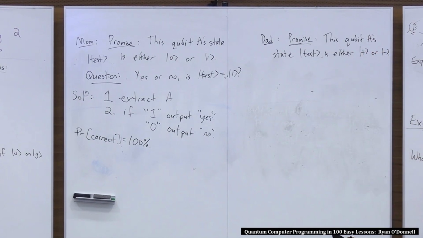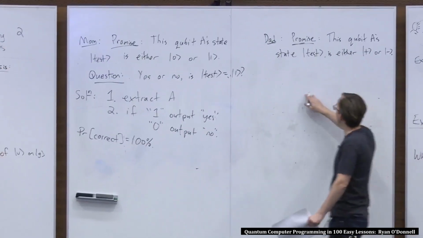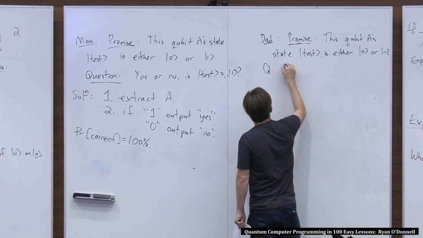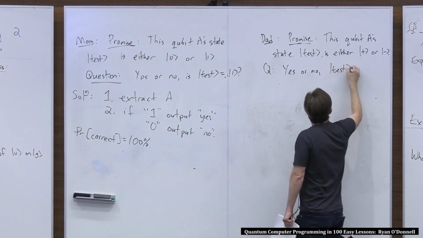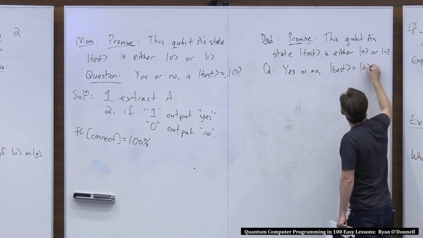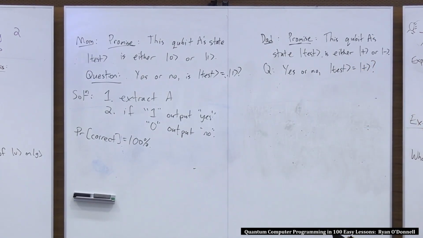Again, your dad is trustworthy, so you believe this. It's either ket plus or ket minus, and he wants to know, is it ket plus or is it ket minus? So yes or no: test is plus. This one you can also solve with 100% probability.